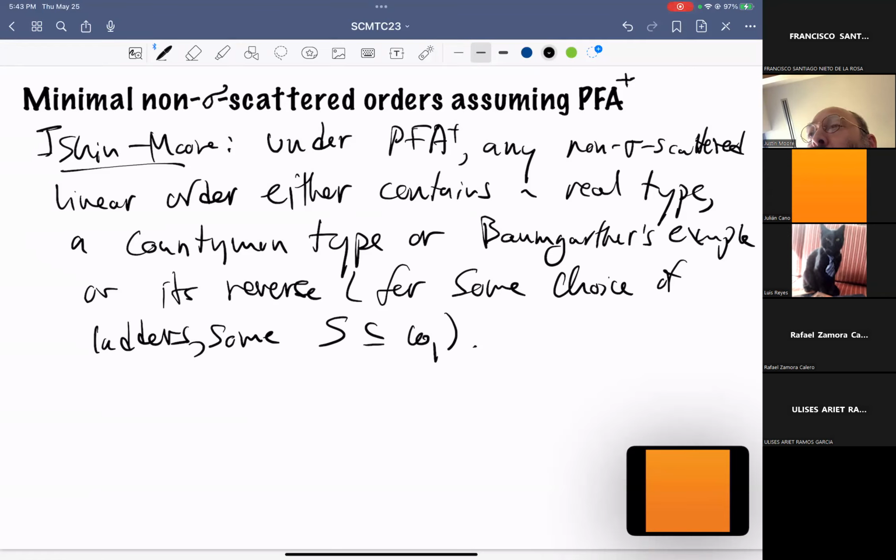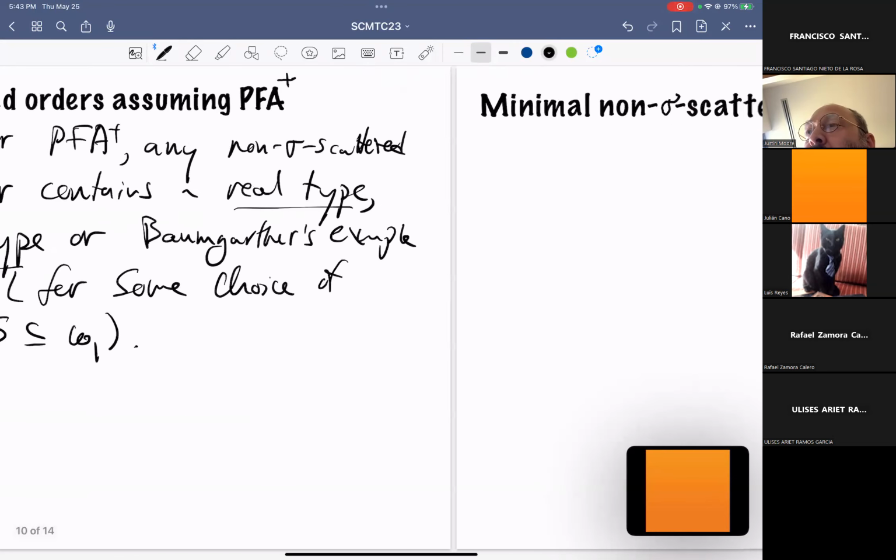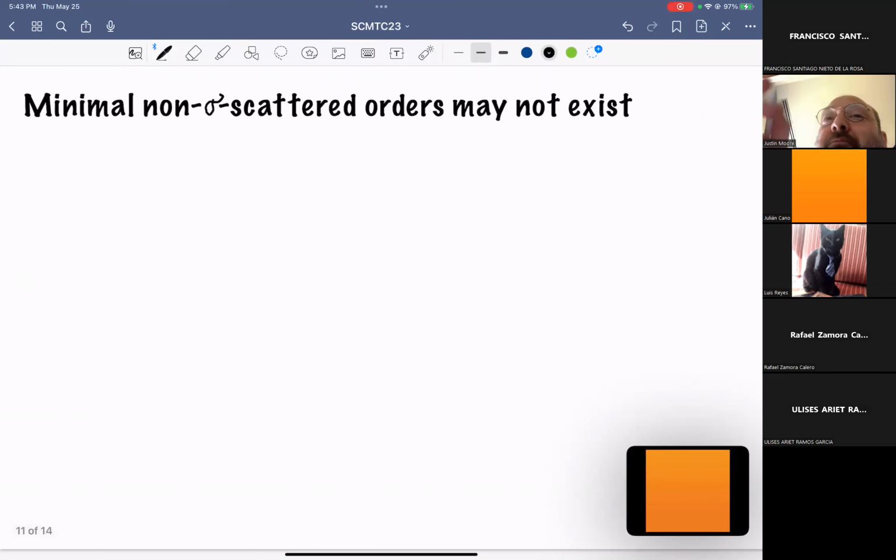And the only minimal non-sigma scattered orders are the real type and the Countryman type, because the other ones can't be, right? Baumgartner's example can't be a minimal one. And if you contain Baumgartner's example, you can't be minimal.